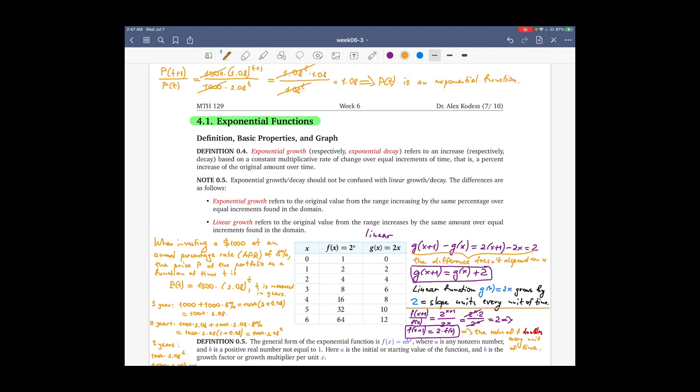And if you write P of t plus 1 as 1.08 P of t, and then you break 1.08 as 1 plus 0.08, you see that P at time t plus 1 is P at t plus 0.08 P of t.